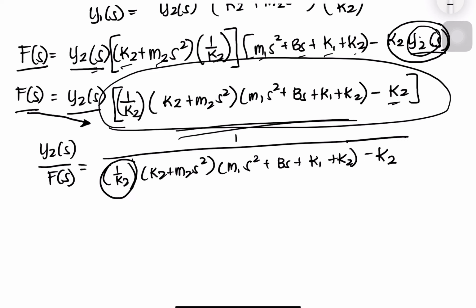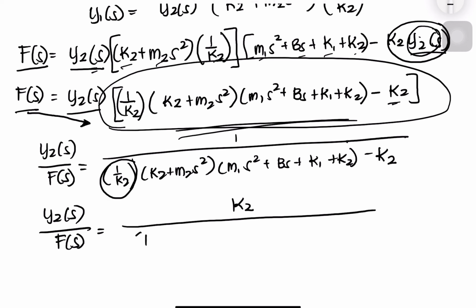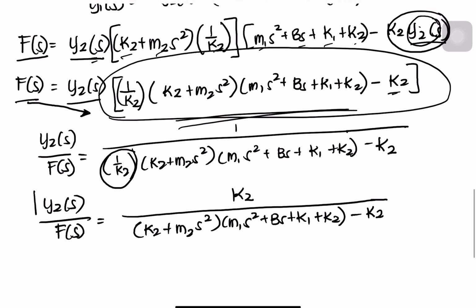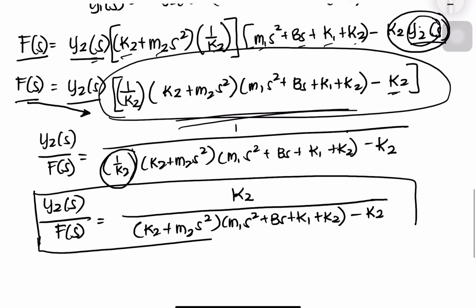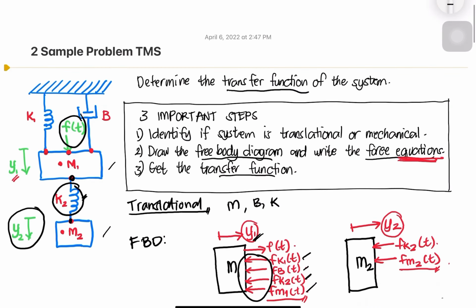Or, we can write this as 1 over, magiging nasa taas yung K2 over K2 plus M2S squared times M1S squared plus BS plus K1 plus K2 minus K2. Okay, so now this is our transfer function. This is the entire transfer function for this system.